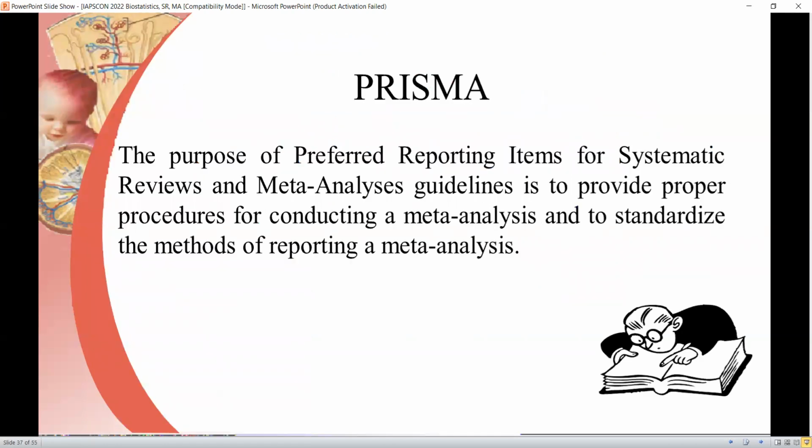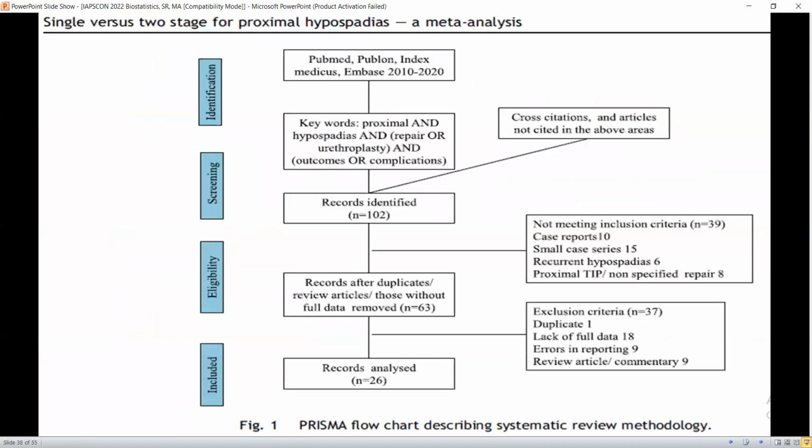So even when we are analyzing these papers, we have defined exactly what we are looking at, and that is how we use this PRISMA approach, which is Preferred Reporting Items for Systematic Reviews and Meta-Analyses. So that is how we tell them that we looked at this many records and 102 records are identified. Then we exclude this many records because they are either not recurrent hypospadias or are case series or some of those.